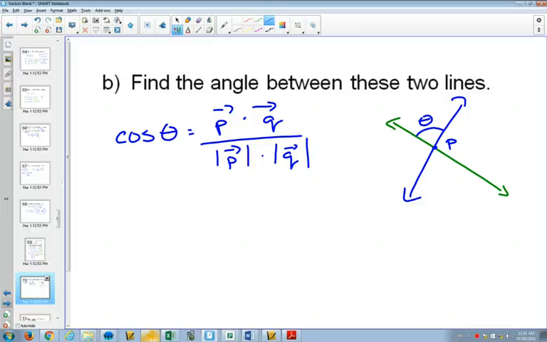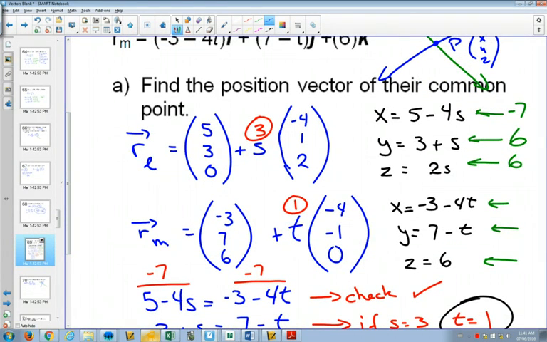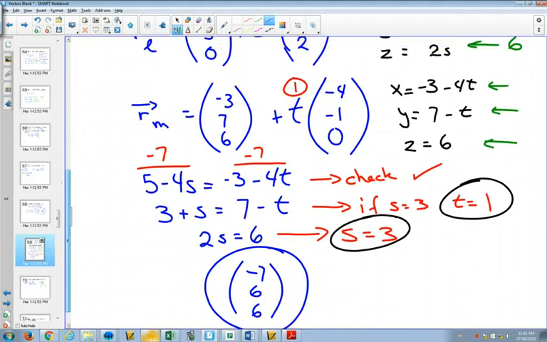The question is, what vectors are we going to use for P and Q? We've got our vectors of equations of the line here. We found the point where they intersect. But right now, for choosing P and Q, we have 5 column vectors here.